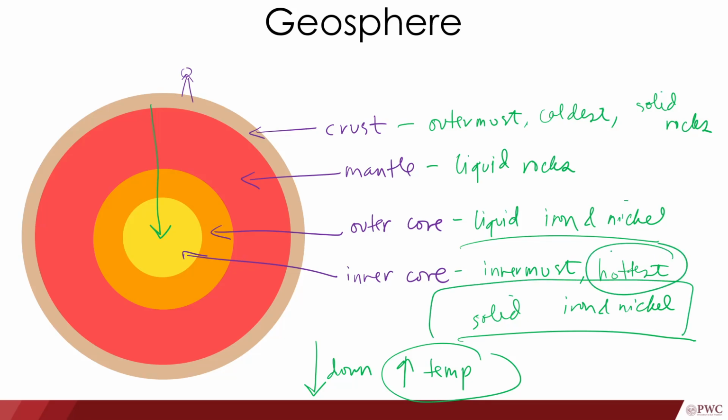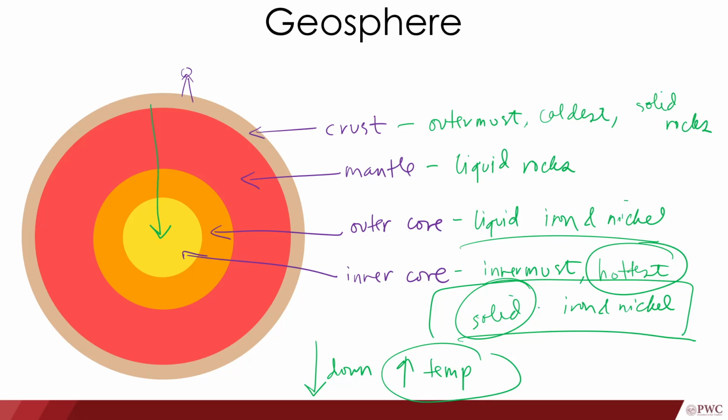Again, it's the hottest layer, so we expect the inner core to be liquid because it must be molten because of the intense temperature. But why do you think the inner core is solid?